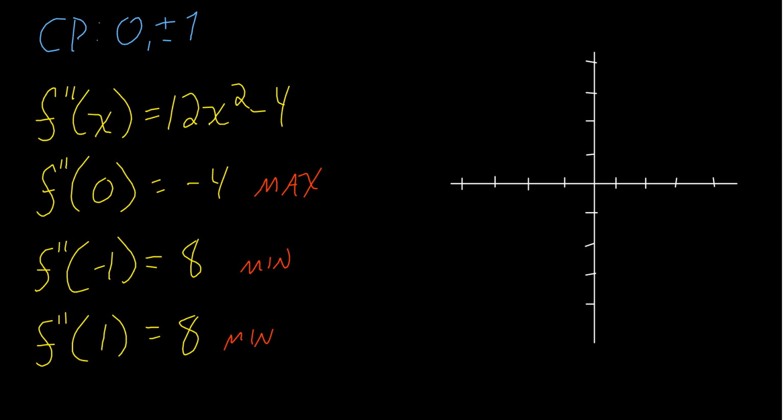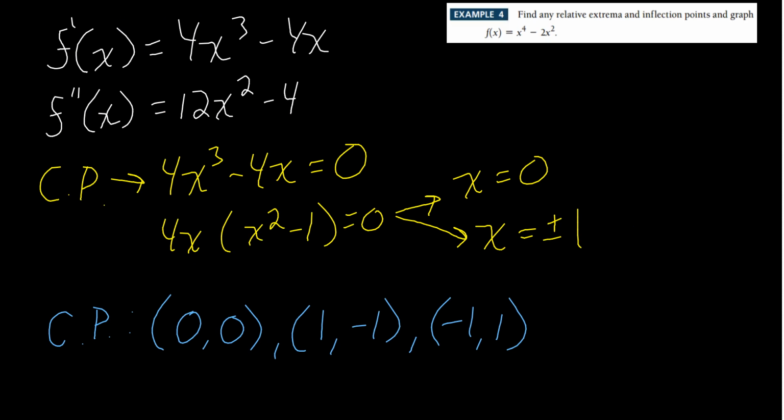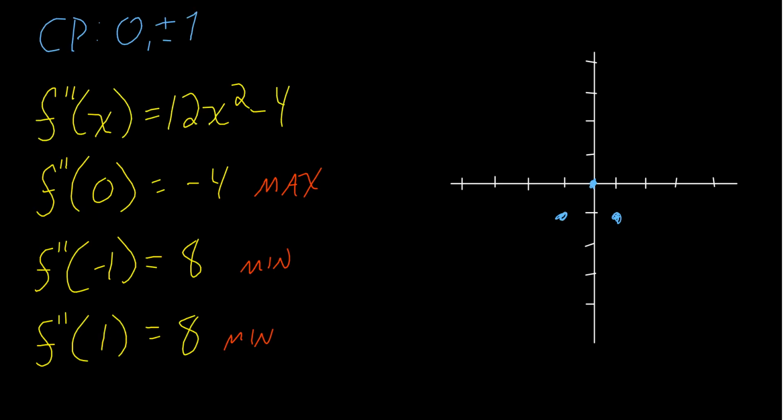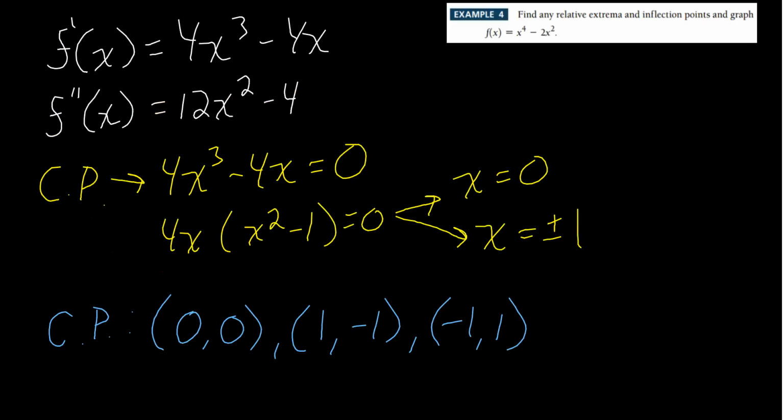My points were at (0, 0), it's on the line. We're at -1 and -1, so right here, and at +1, -1. That should be a negative.